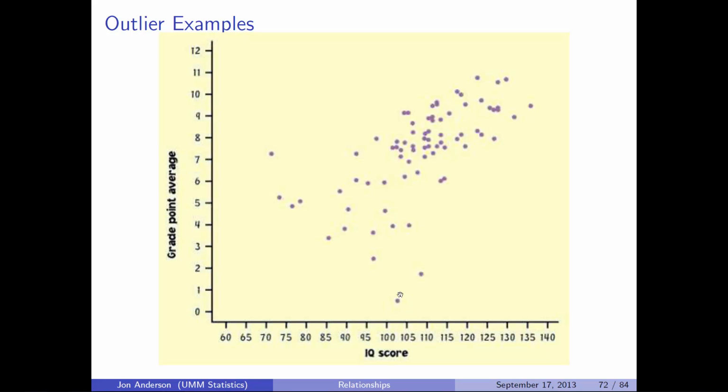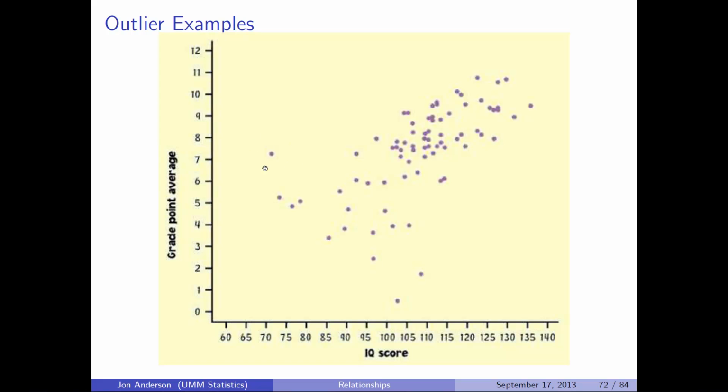There certainly are students with higher IQs than this, but it's not that strange of an IQ score. But the grade point average is terrible. This student is not doing well given their intellectual ability and their IQ. They might be known as a slacker or underachiever.